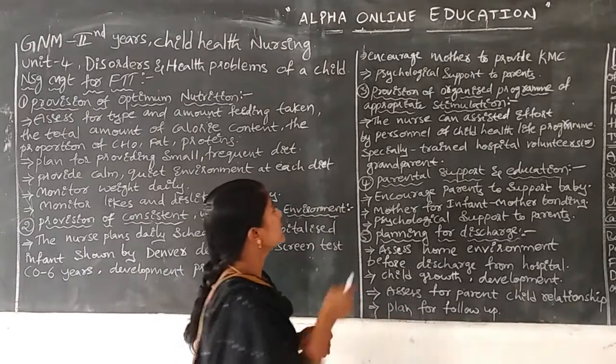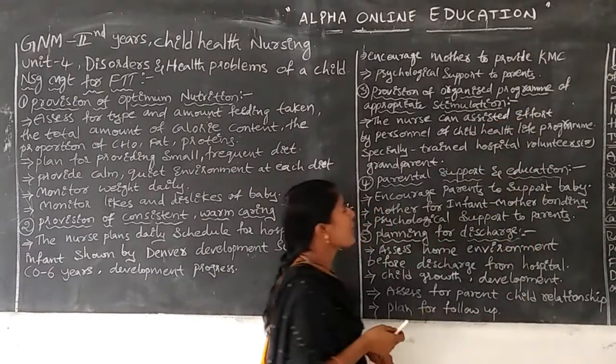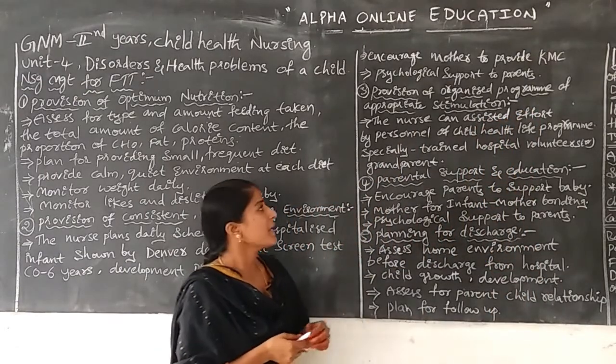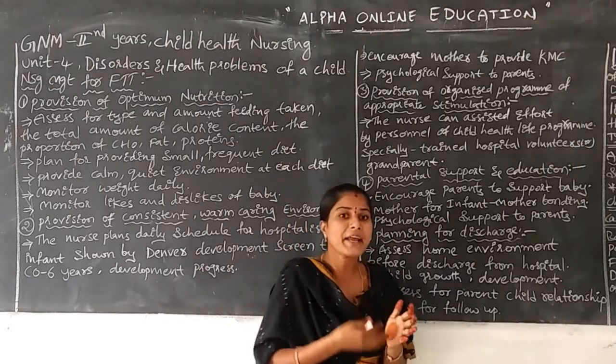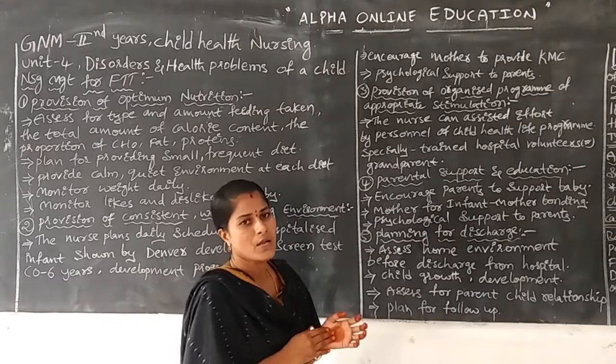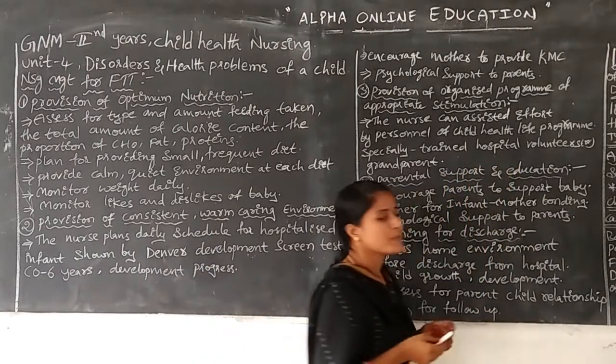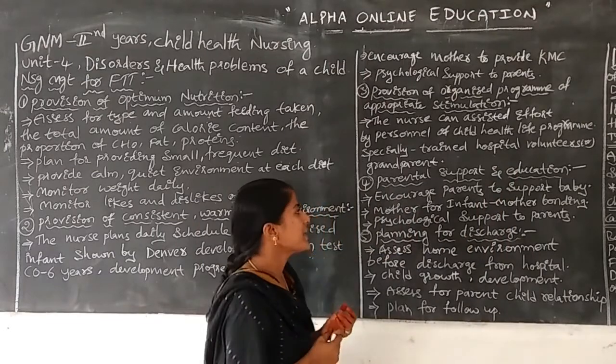Next, the third step is the provision of an organized program of appropriate stimulation. Here we encourage the parents by providing some stimulus. There are some training hospitals and voluntary organizations.